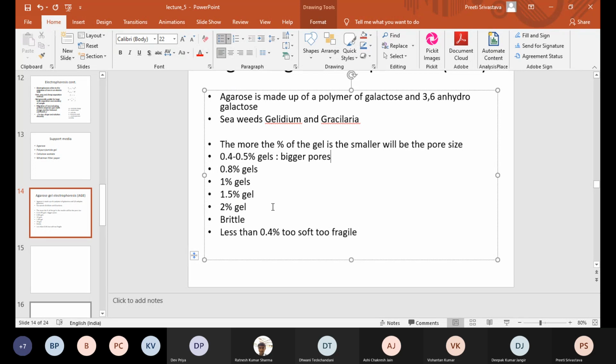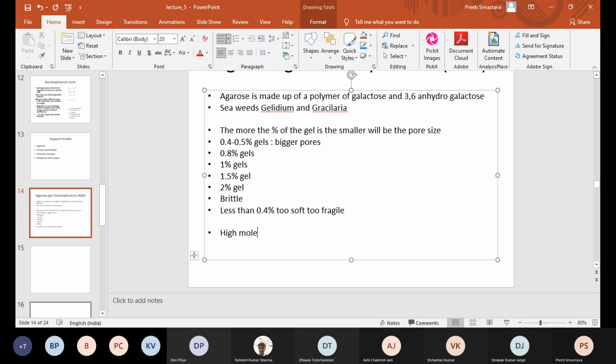So bigger pores. So let's talk about the separation of the following types of DNA. First, high molecular weight genomic DNA. When I say high molecular weight genomic DNA, I'm talking about the strands that you collected in today's class, the ones which were collected with the help of a pipette tip.